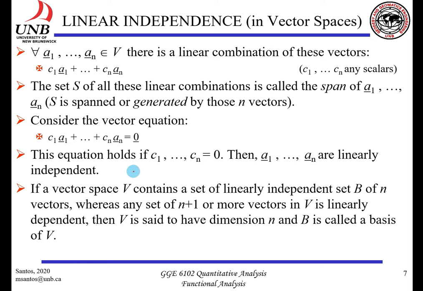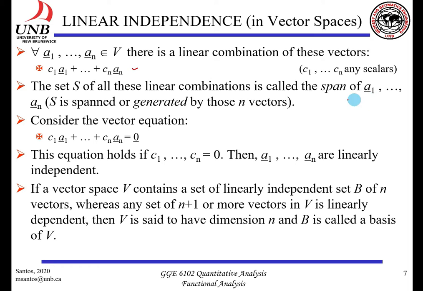On the issue of linear independence, we can just apply the same concept. We talked about functions, now we're talking about vectors. We can establish a linear combination of these vectors with coefficients c1, and so on, which are scalars. The set of all these linear combinations is called the span of the vectors.